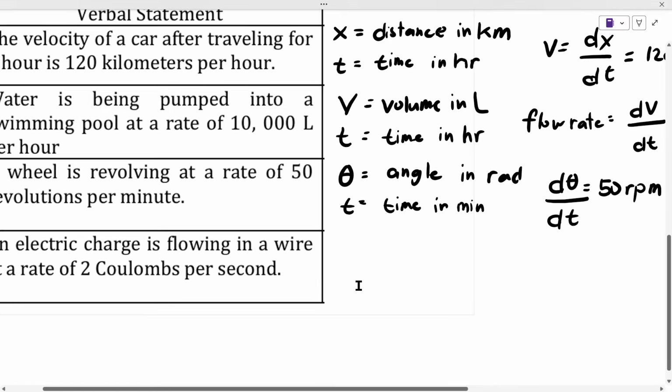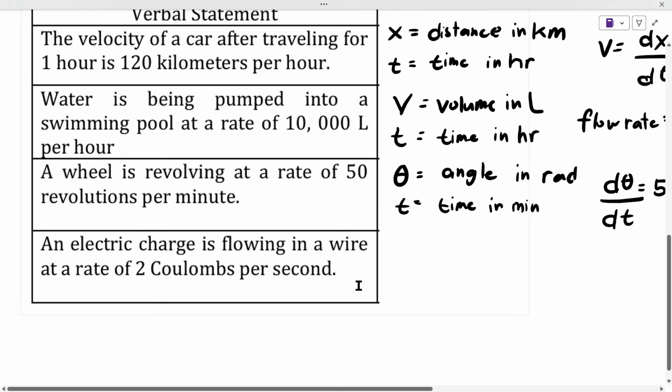Okay, next. An electric charge is flowing in a wire at a rate of 2 coulombs per second.